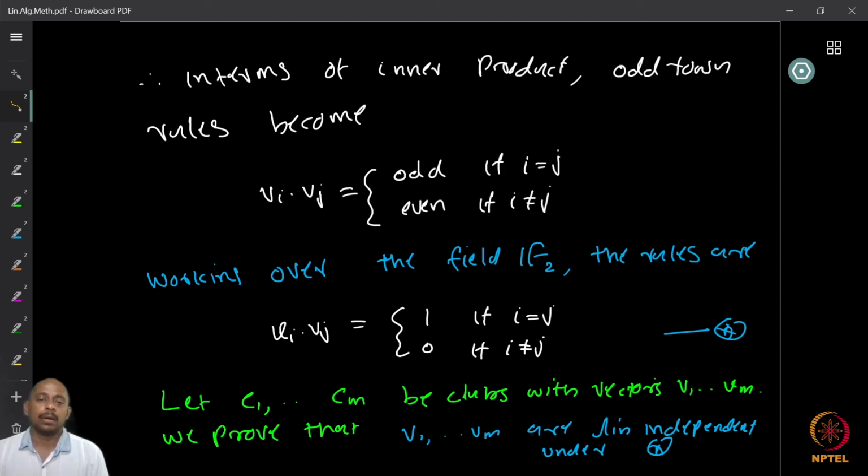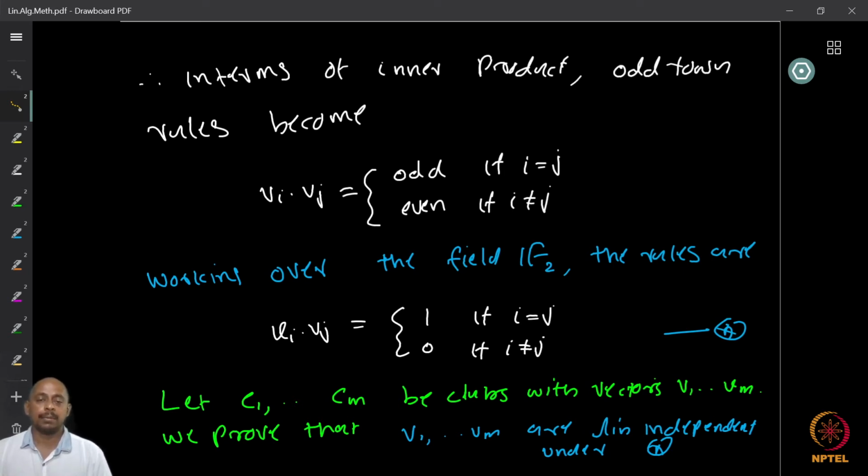Now, we can work over any field, and because all the elements in the incidence vectors are either 0 or 1, it's binary, we can work with the field F2, which has only 0 and 1. So the rules I can now write as: vi dot vj is 1 if i equals j, because over F2 odd numbers become 1. F2 is a field with 2 elements, so everything is reduced modulo 2.